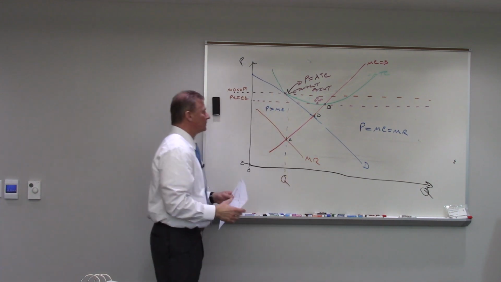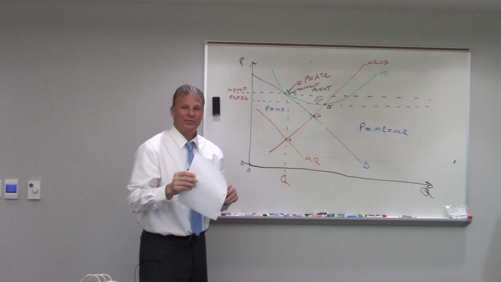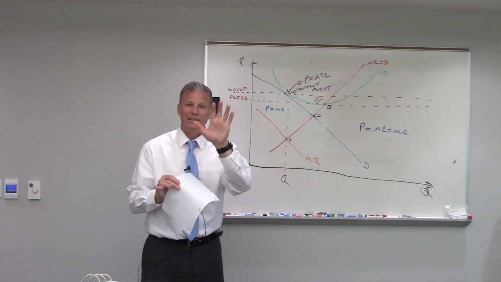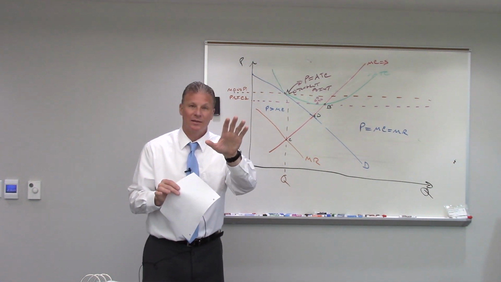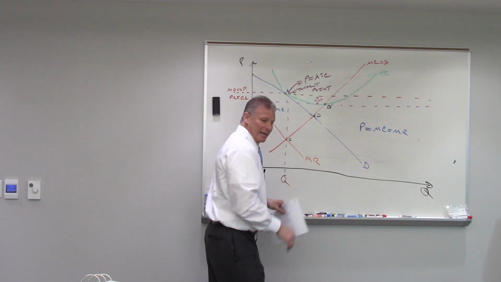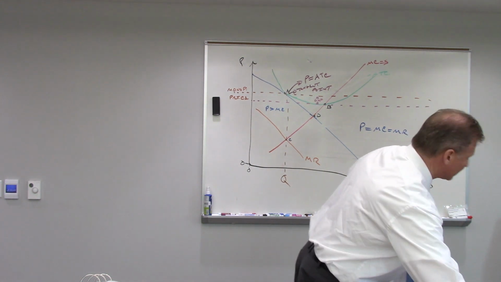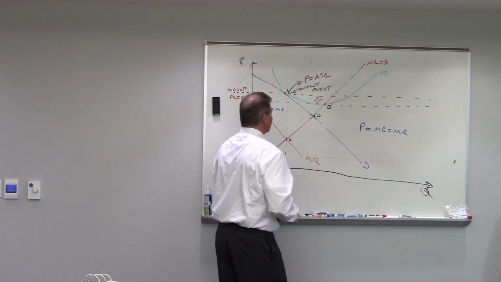Okay, now, as we've learned throughout the semester, the socially desirable place for production would be D. Let's go with a different color there, a little light blue.